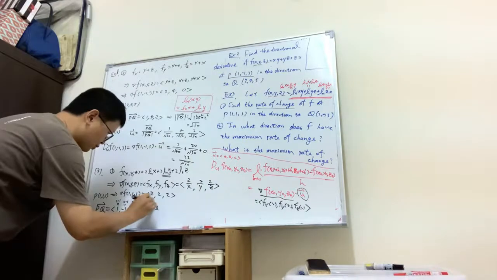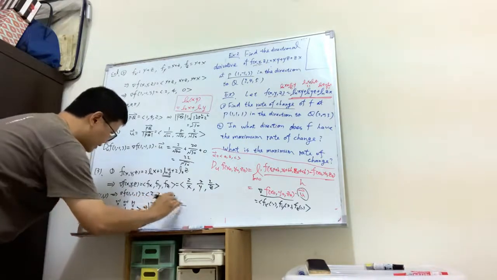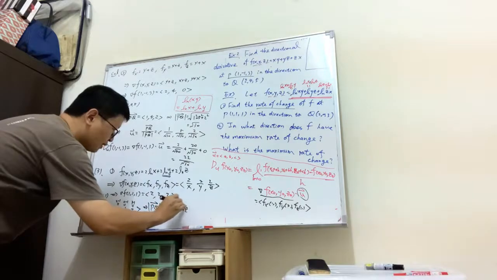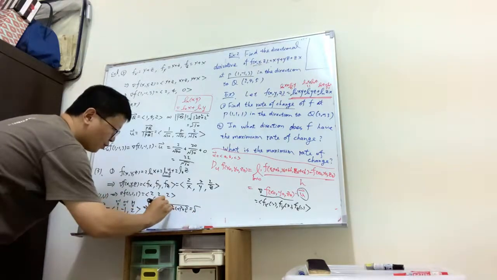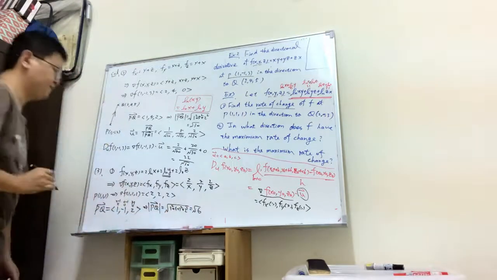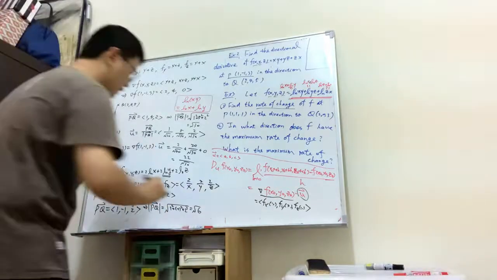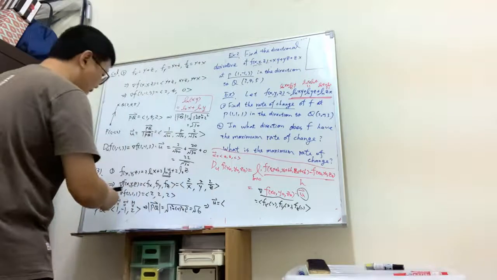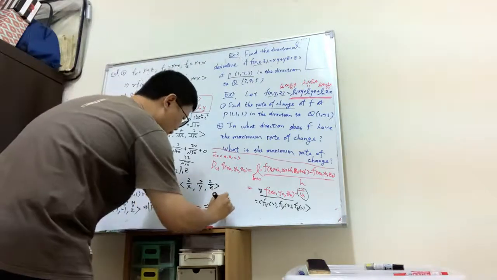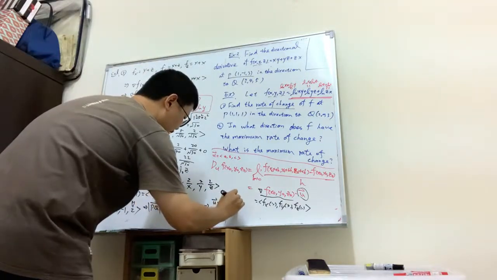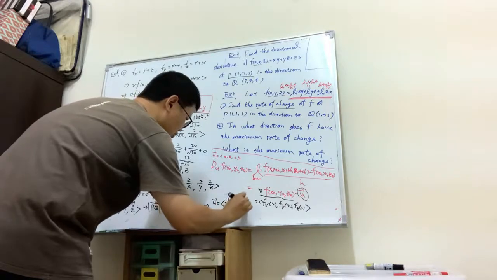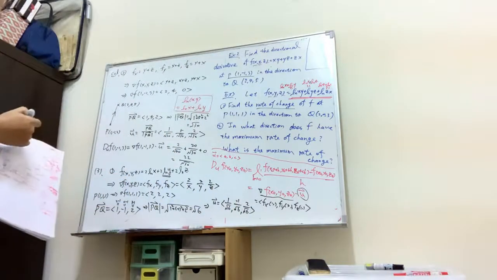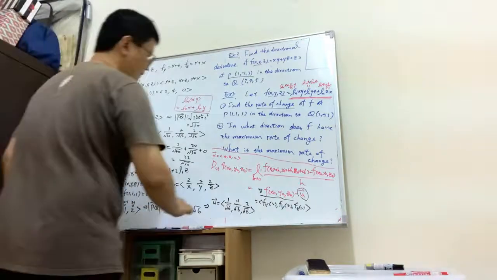Its length is 1 squared plus negative 1 squared plus 2 squared, so it's equal to square root of 6. So our unit vector u is: we divide by square root of 6. So 1 over square root of 6, negative 1 over square root of 6, 2 over square root of 6.